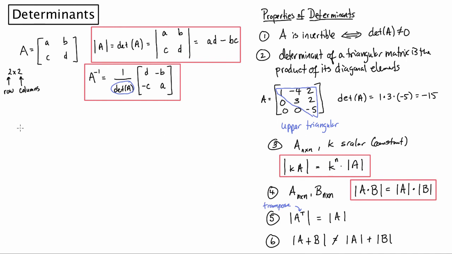So let's talk about what that looks like. Suppose I have the matrix A equal to, I'm going to do a 3 by 3: 1, negative 4, 2, negative 2, 8, negative 9, negative 1, 7, and 0.